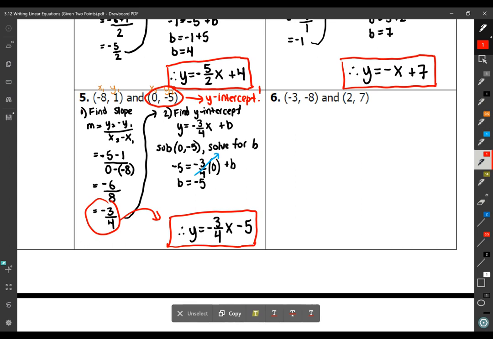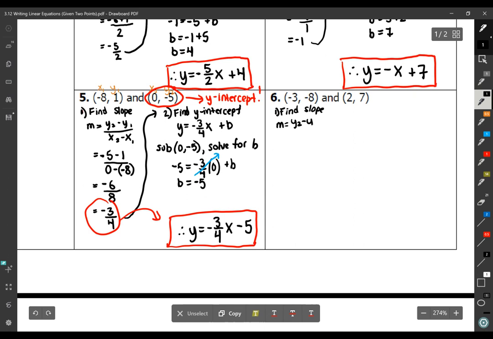Okay. Question 6, our last one we're going to do together. So step 1, find slope. We know the equation by now, right? You guys should know this by heart almost. We're going to substitute in our values.